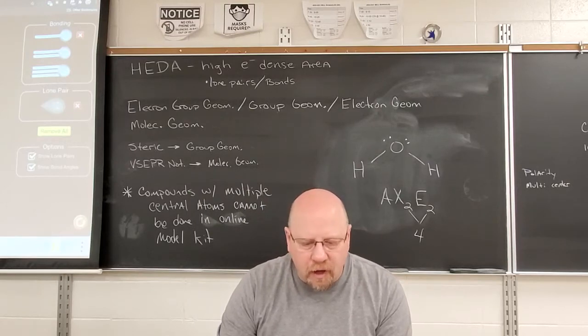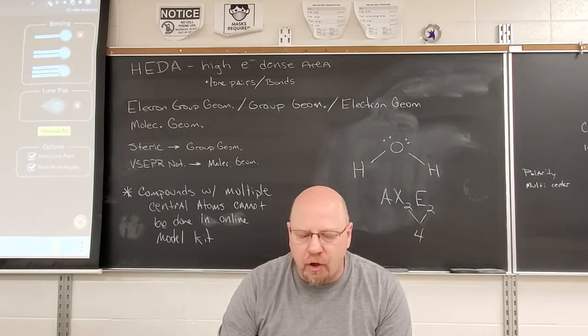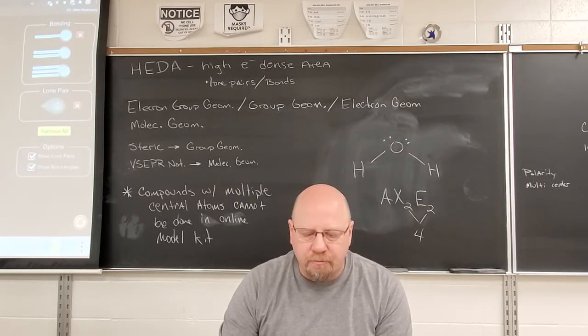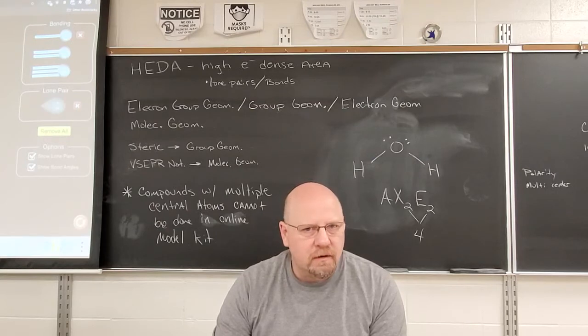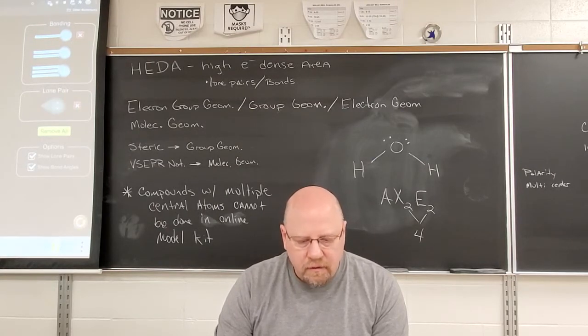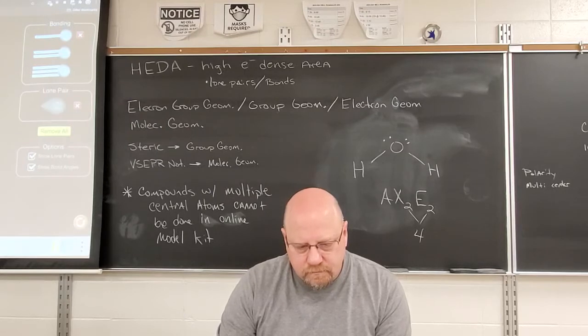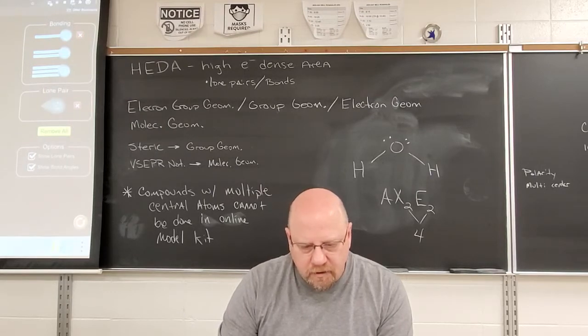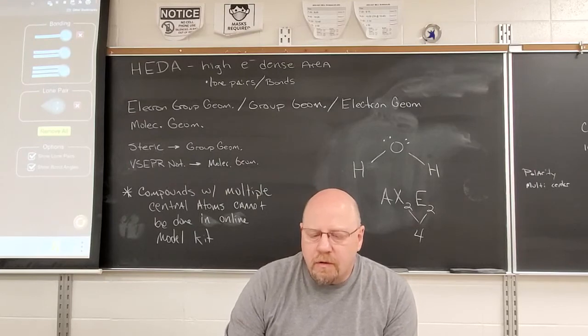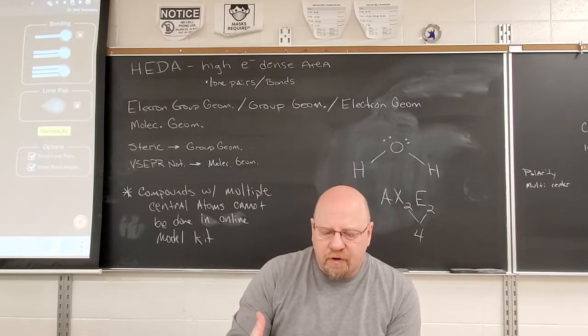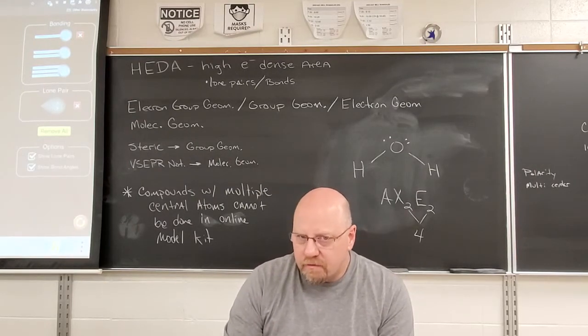Now, in this diagram they don't show the angle between the lone pair and the bonds, but it would be 120 degrees. So this is what we're talking about with the high electron dense areas.